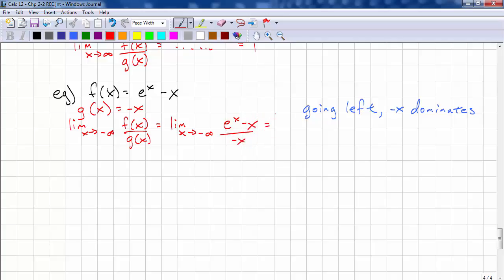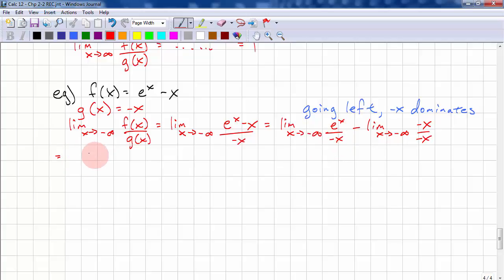Now we split up the terms. And we don't have the tools to formally evaluate this. But we note that this is going to 0 and it's divided by something big.